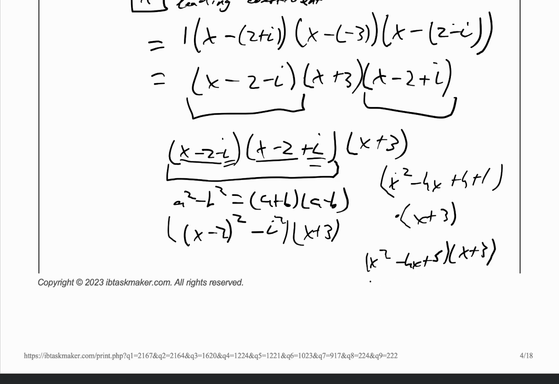So then this would be x cubed plus 3x squared plus 3x squared minus 4x squared minus 12x plus 5x plus 15.